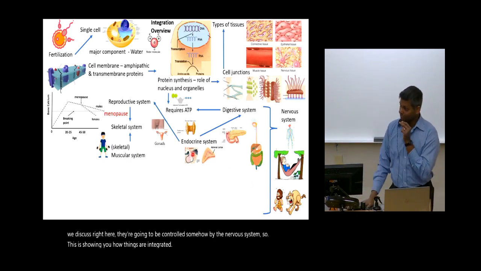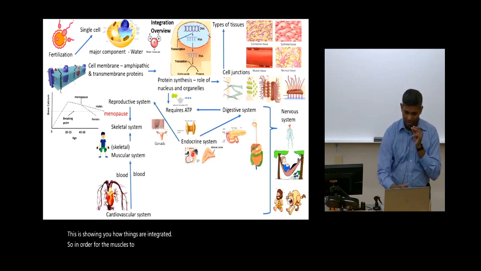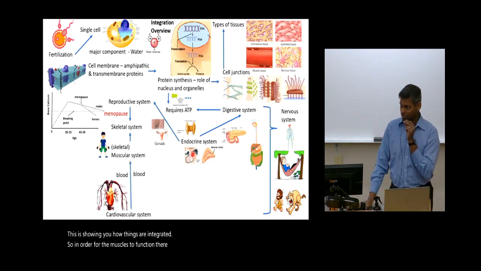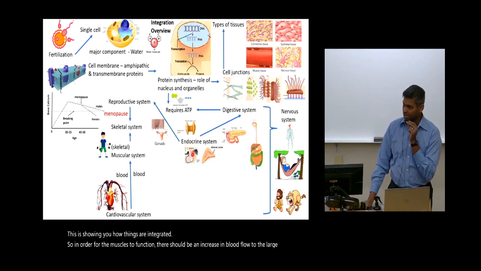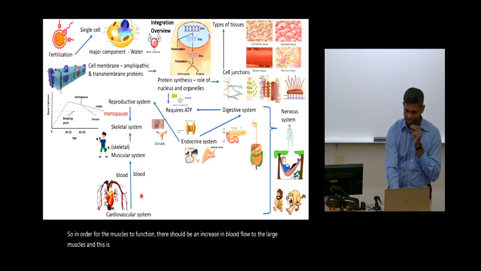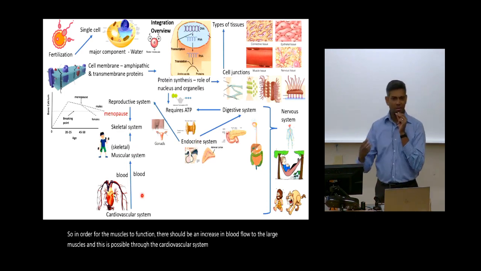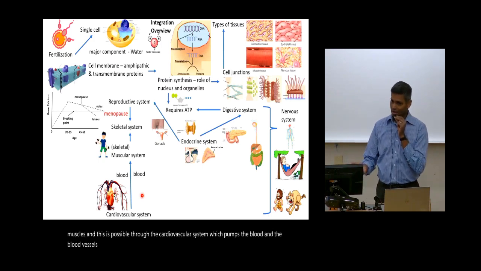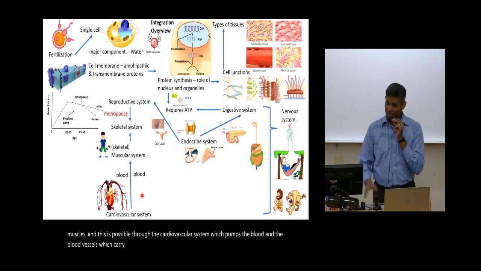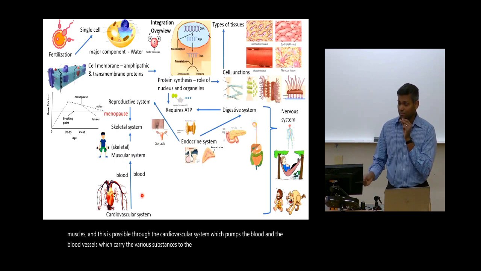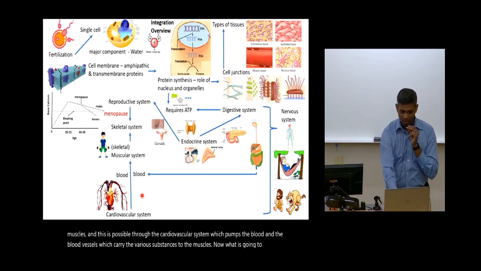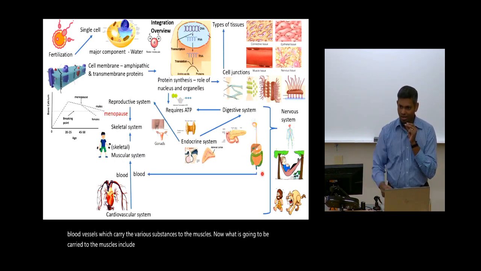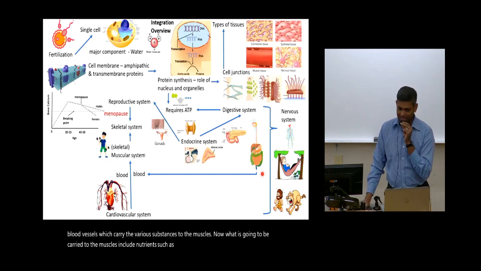So in order for the muscles to function, there should be an increase in blood flow to the large muscles, and this is possible through the cardiovascular system, which pumps the blood, and the blood vessels which carry the various substances to the muscles. What is going to be carried to the muscles include nutrients, right, such as carbohydrates and fats, through the functioning of the digestive system.